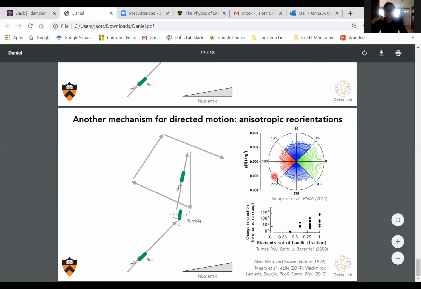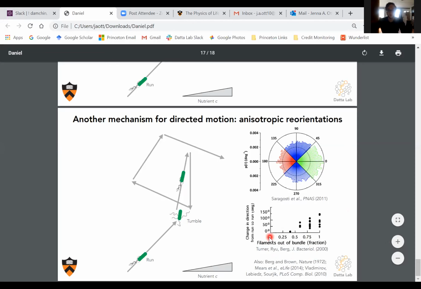And so we believe that the mechanism that causes this is related to this tumble bias that caused the other mechanism, but instead of changing the frequency of your tumbles, you're changing the strength, and you're doing that by changing the number of filaments, flagellar filaments, that are coming out of the bundle during a tumble. Because only one filament leaving will still reorient you a little bit.